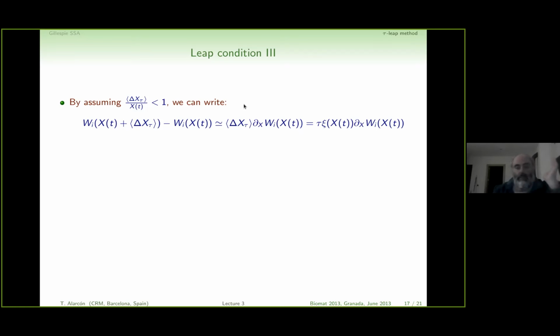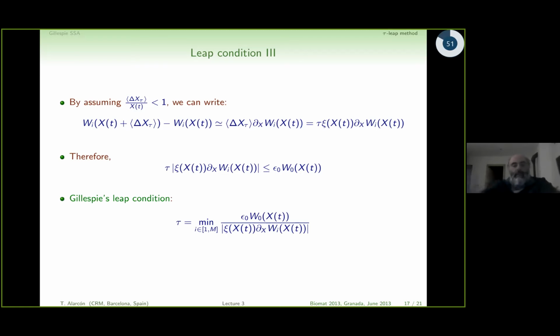Then the first term will cancel, and we only keep order delta x terms. Using the calculation that we did before, this delta x can be substituted by this thing here. Therefore, using the leap condition, this is what we obtain.